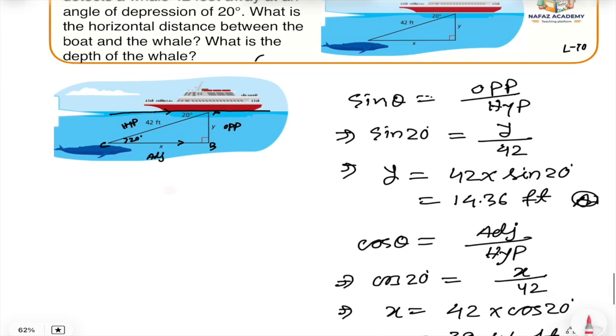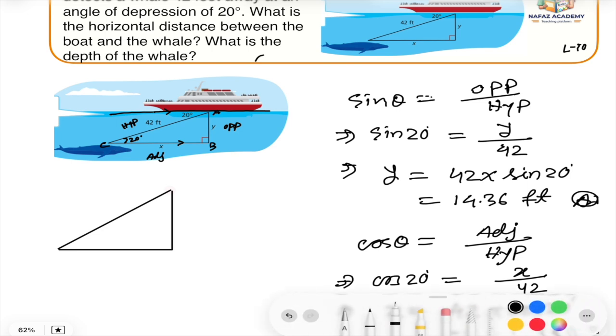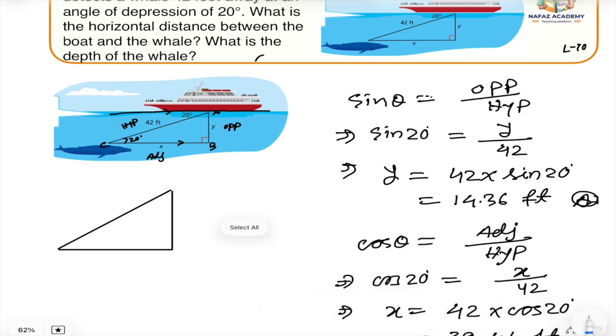So I hope you understand. It is a triangle. And this is the surface line of the boat here. Here is a boat, for example.